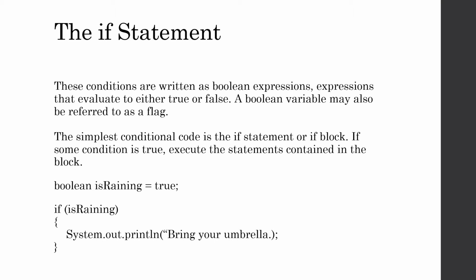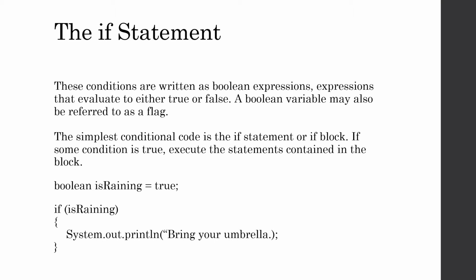If some condition is true, we're going to go ahead and execute the statements that are contained in that block. So we can see our example right here. We're creating a Boolean variable, so we're going to declare this variable called isRaining. It's going to have the data type Boolean, and we're going to assign the value true to it. We then have the actual if statement, so we have the word if. That's going to be a keyword in Java. We then have a pair of parentheses, and inside of that pair of parentheses, that's where we need to put our Boolean expression. So that's where something that evaluates to either true or false needs to be placed.